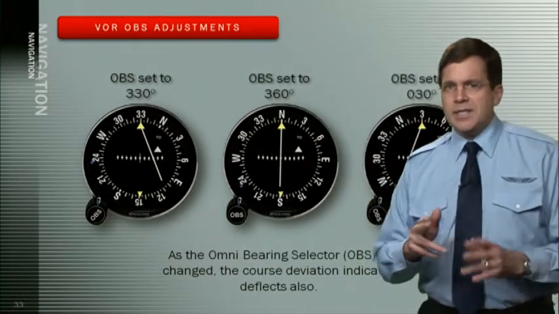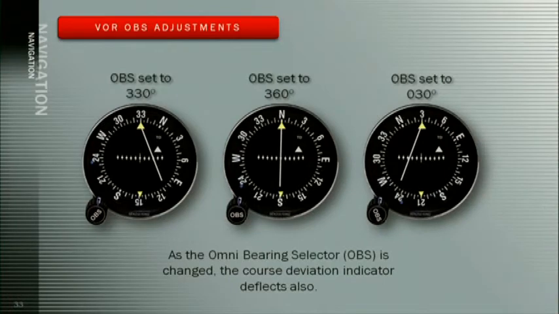Now, when the OBS is set to 030 degrees while still tracking toward the 360 degree radial, the CDI will indicate a deflection to the left, prompting you to correct left to track towards the 030 degree radial.